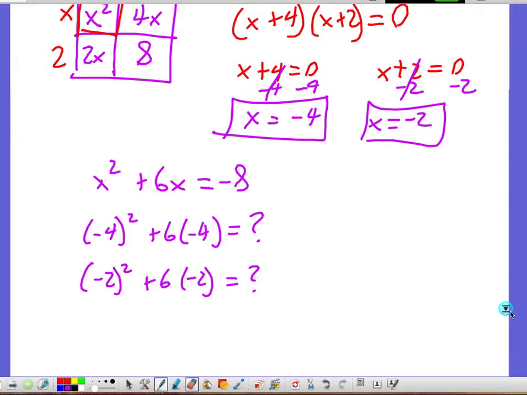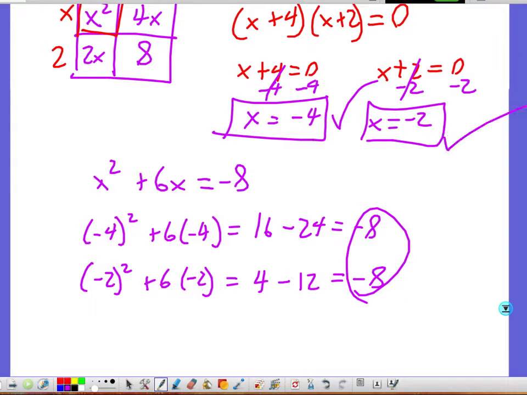Are both of those going to give me negative 8? So the moment of truth to see if the math works out. Negative 4 squared is 16 minus 24. That in fact does equal negative 8. And then 4 minus 12. That does equal negative 8. And so yes, they both work out. Excellent.